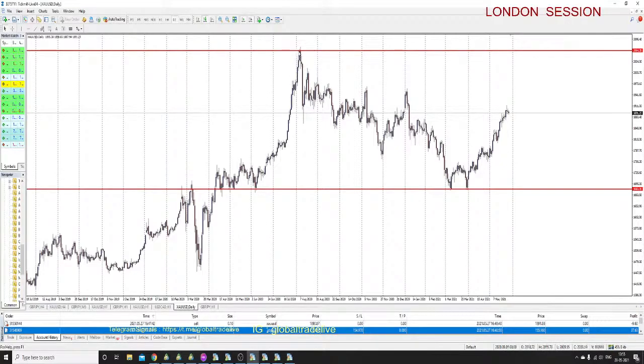Then the market just rejected this area, went all the way down to this support level over here, and again the market just respected this area of support here, and now it's moving up again.